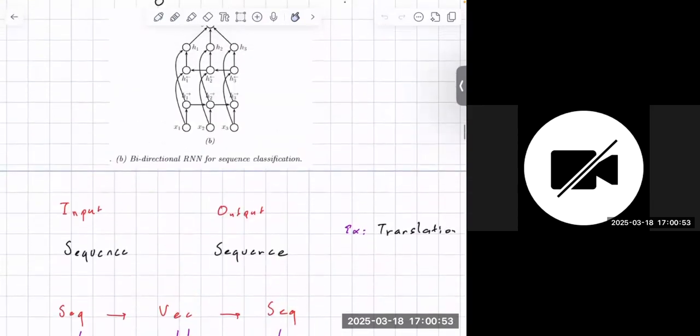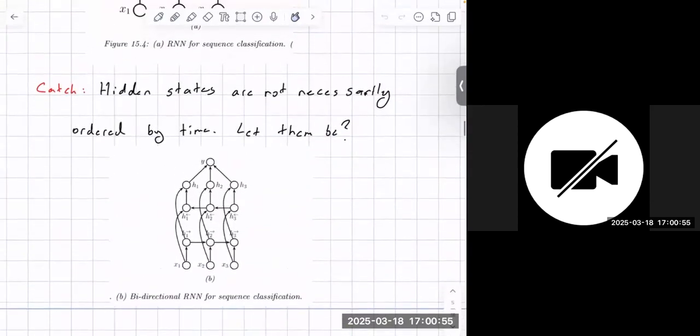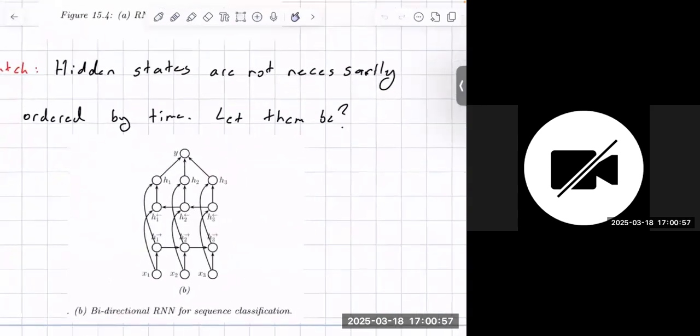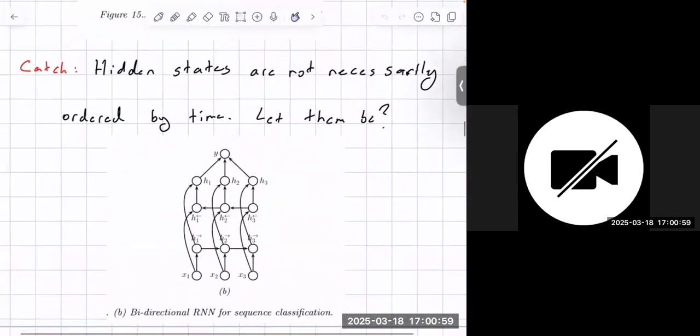Any questions anywhere? Okay. And there is one more catch. Hidden states do not need to be ordered by time, in the sense that they're not sequential like the input data or the output. You can let them be more free if you want to. So far, we did not let them be free. We make them sequential, but you don't have to.